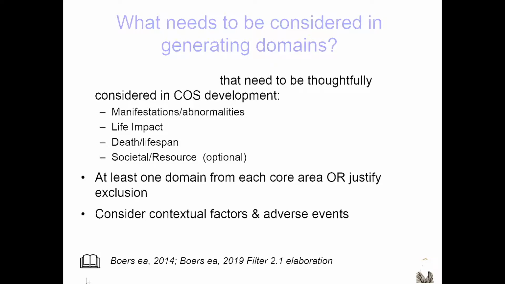Although we prefer that every core outcome set has at least one domain from these 4 categories, the fourth one, the resource use, is optional. So if you can't find one, it is allowed to have a core set with a minimum of 3. However, the ideal core set has between 7 and 9 domains.